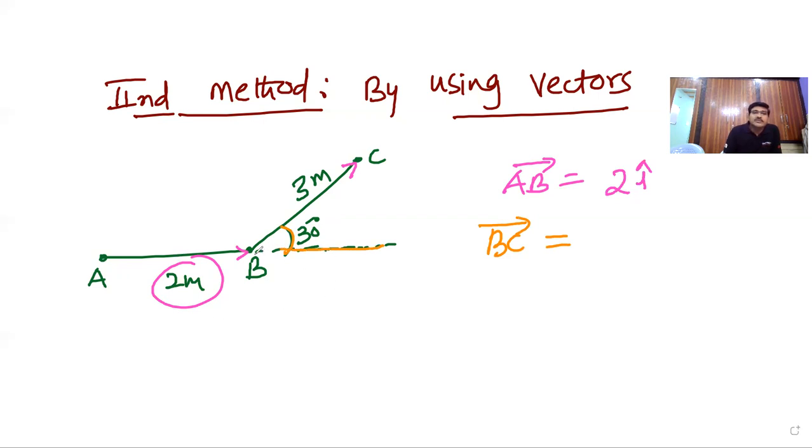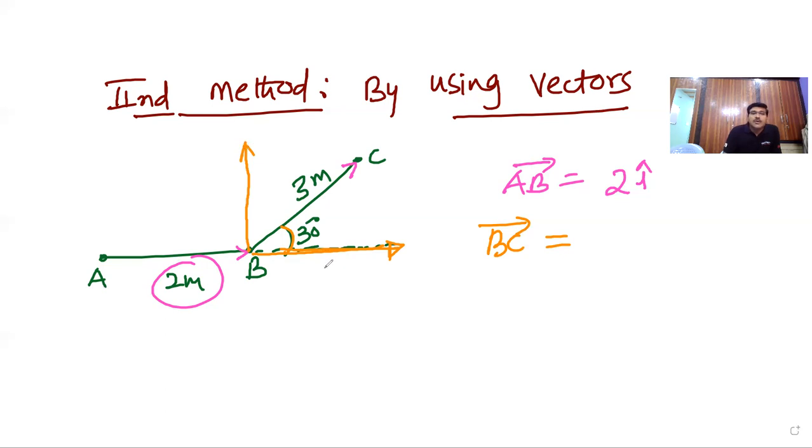When it is inclined 30 degrees to the horizontal, it has two components. BC bar has one horizontal component and also a vertical component. Horizontal component along x-axis, vertical component along y-axis.